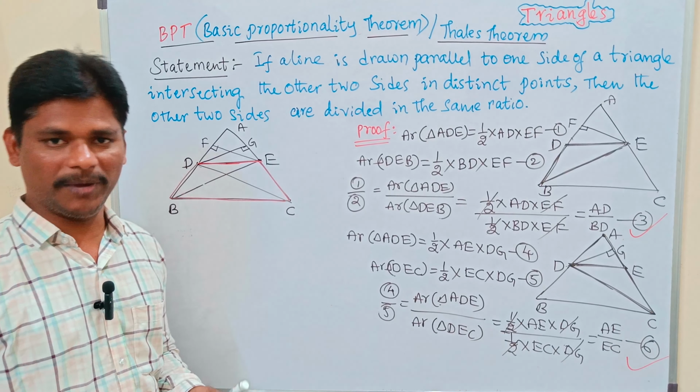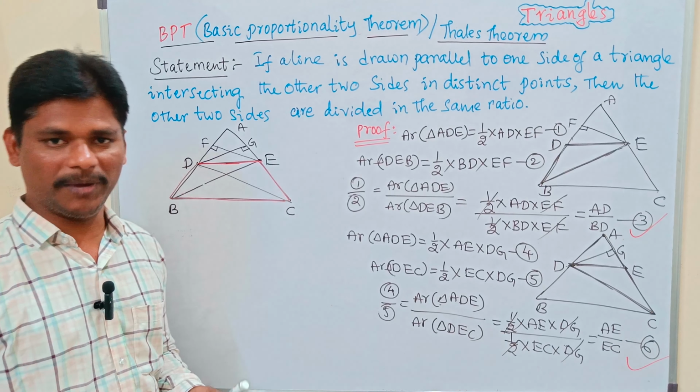So area of triangle DEC is equal to area of triangle DEB. Both areas are equal, because both have the same base and lie between the same parallel lines. Only then are both areas equal.